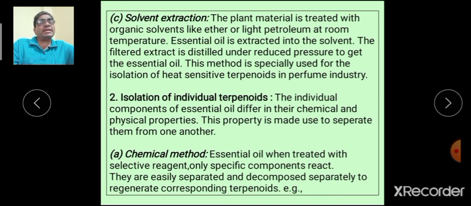The filtrate extract is distilled under reduced pressure to get the essential oil. This is done under reduced pressure because they are volatile compounds, and therefore boiling under reduced pressure is done. And this method is for the isolation of heat sensitive terpenoids in the perfume industry.